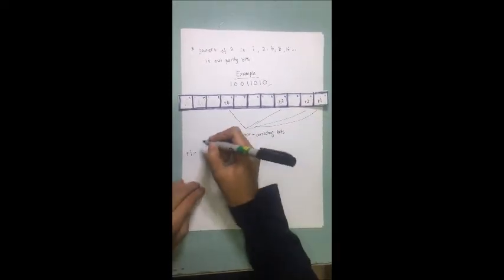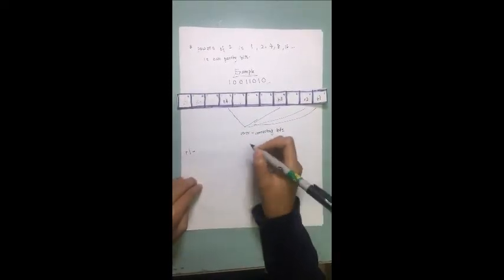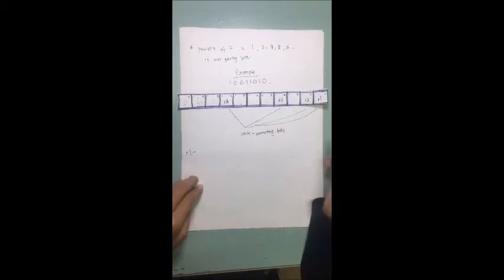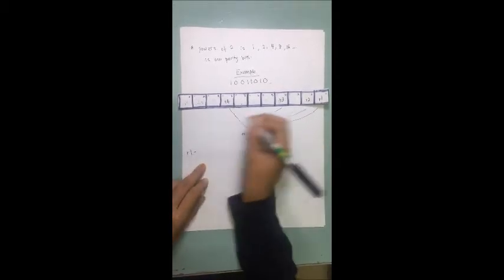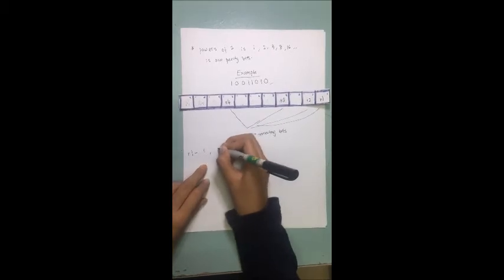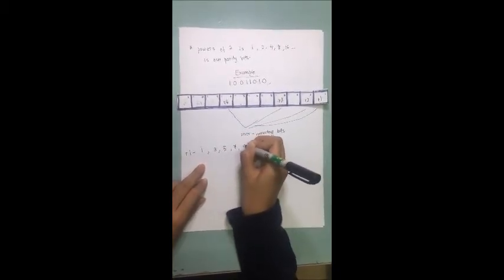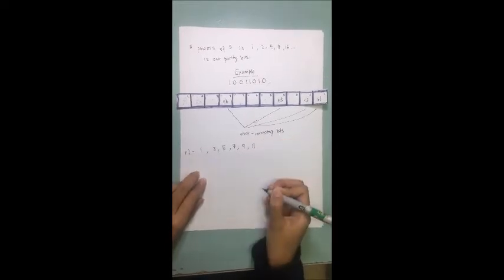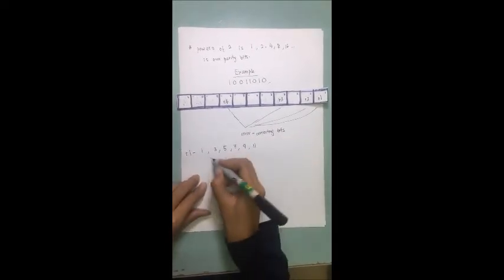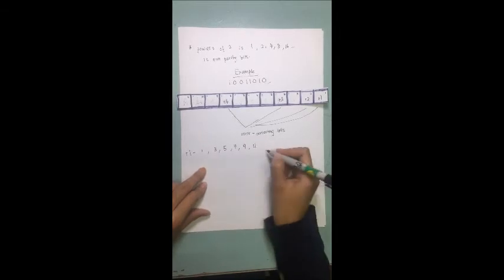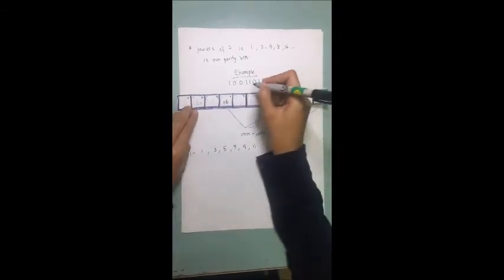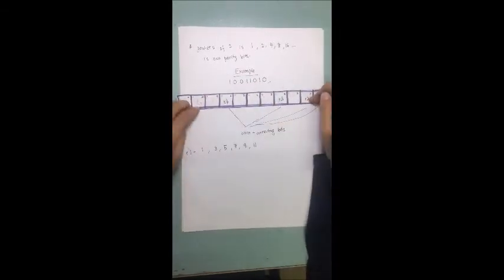It will check one by one, skipping one each time, which means it will check 1 3 5 7 9 and 11. In this it will check how many ones are in the frame.